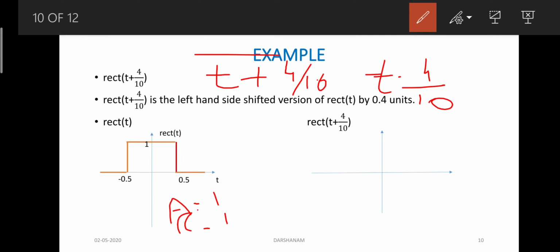So here minus 0.5 will move to minus 0.5 minus 0.4, that is equal to minus 0.9, and 0.5 will move to 0.5 minus 0.4, that is equal to 0.1. So the graph will look like this, the rectangular function which is the shifted version of rect of t by 4 by 10 units to the left hand side. So clear?